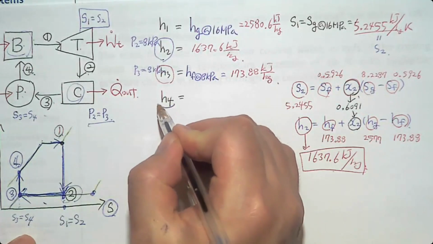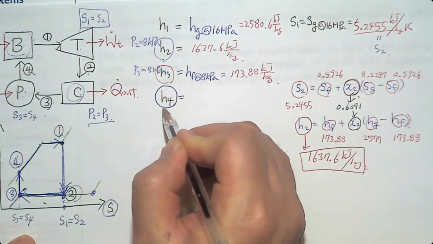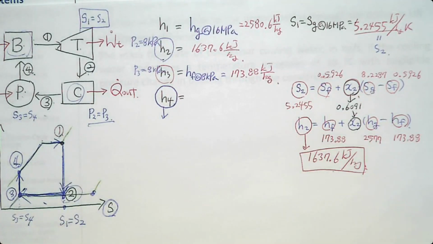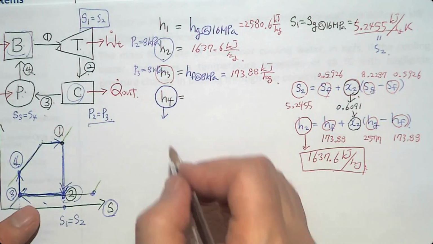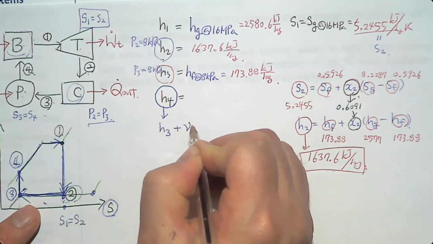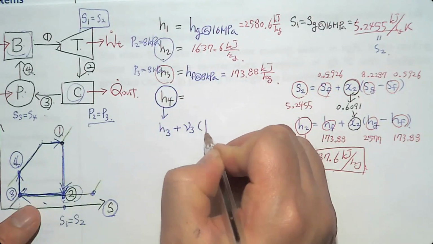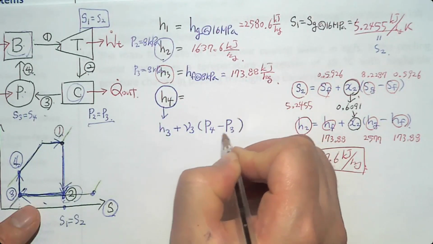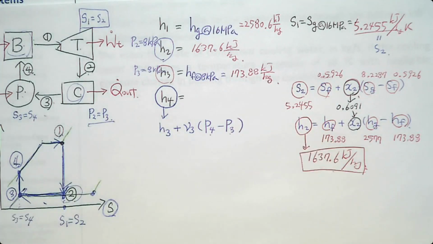The equation for compressed liquid in a Rankine cycle can be determined by, you can use that in the exam, H3 plus V3 times P4 minus P3, the exit pressure minus the inlet pressure. This one looks much simpler than using a compressed liquid table. So please use that one in the exam.